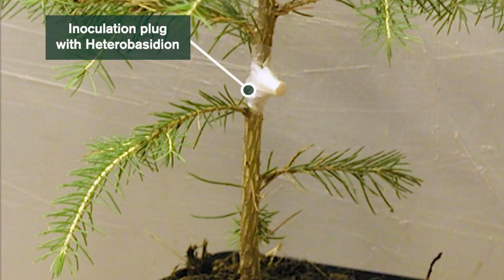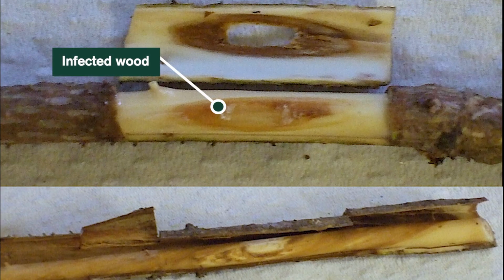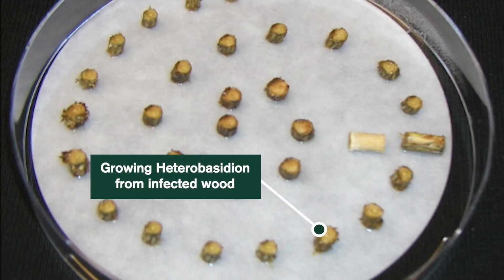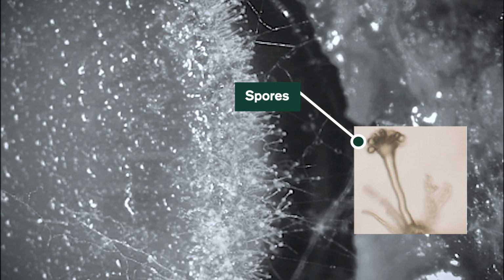Tests that correlate the resistance in the field are, for example, inoculations with Heterobasidion in young trees. And trees that resist fungal growth carry certain DNA variants that can be used to search for root rot resistance in any tree population, thereby speeding up the finding of new resistant trees.